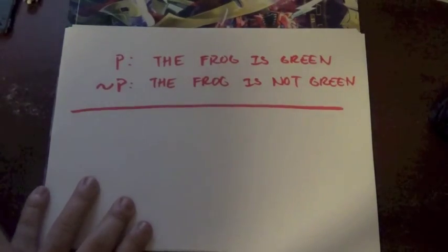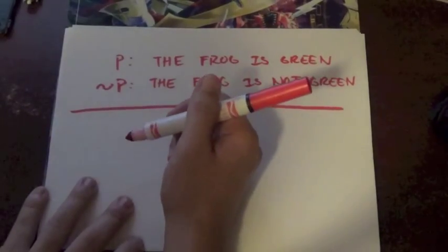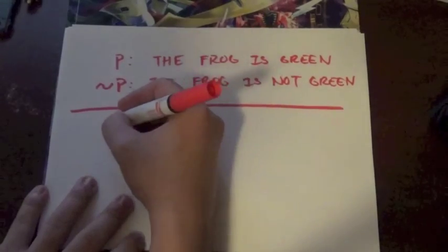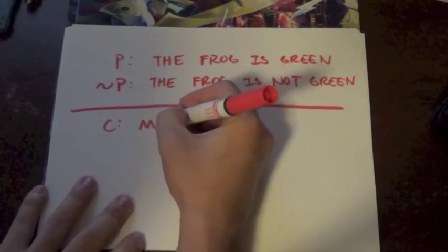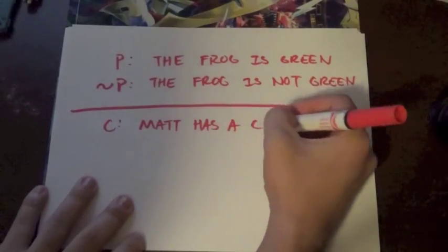The next thing we can do is to start combining statements. Let me give you two statements now. Statement C: Matt has a cat.